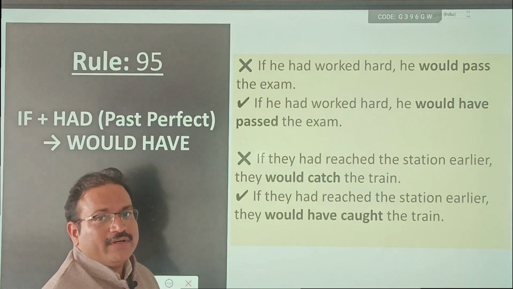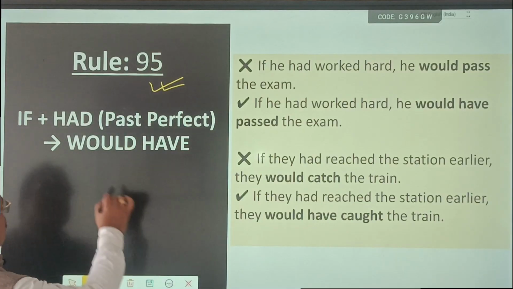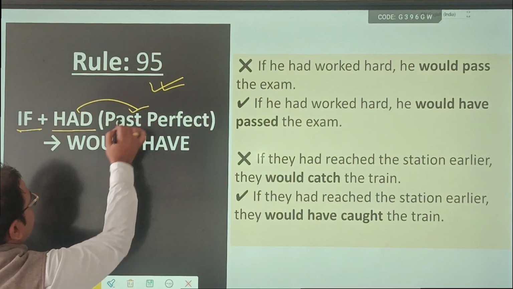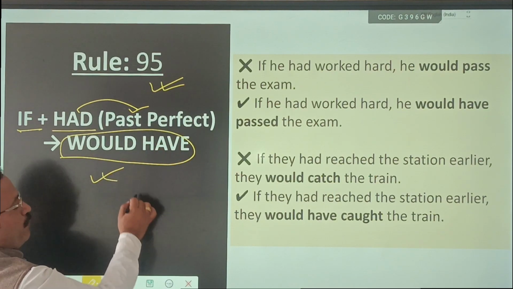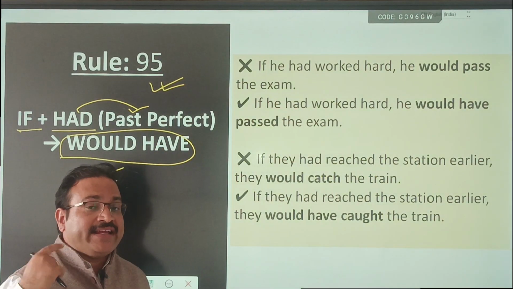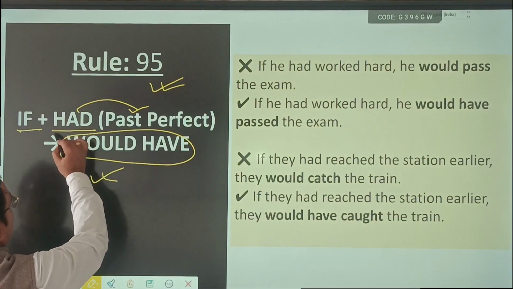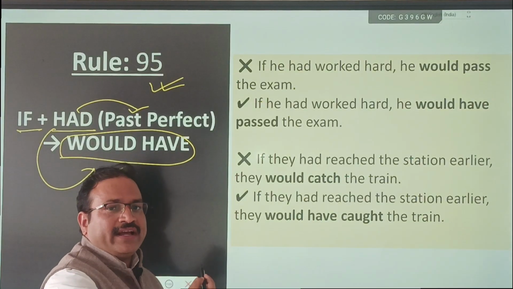So this is rule number 95. Rule number 95 says, if plus had, past perfect, is followed by would have. This rule we have already discussed in the previous slide, third conditional type sentence. So had is followed by would have. I have repeated this rule again here. Why?